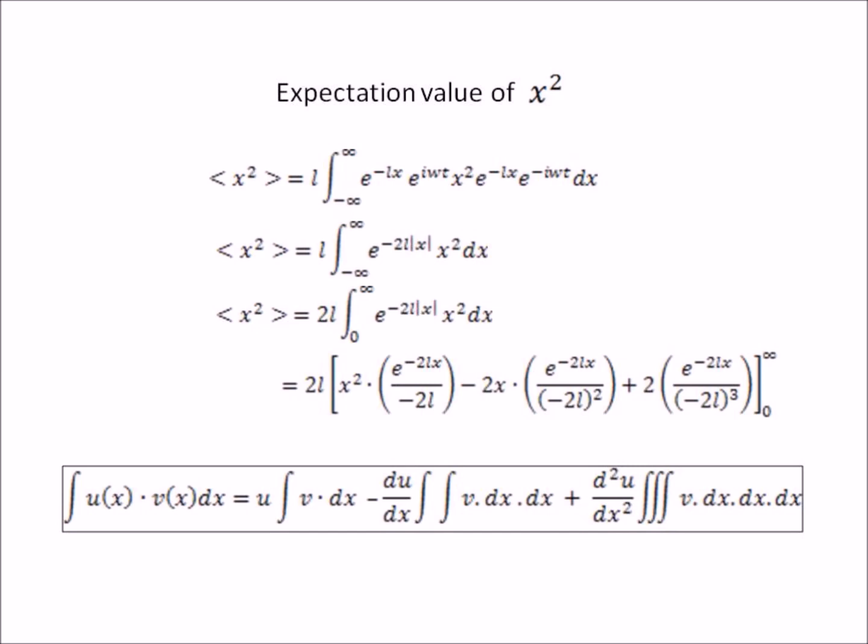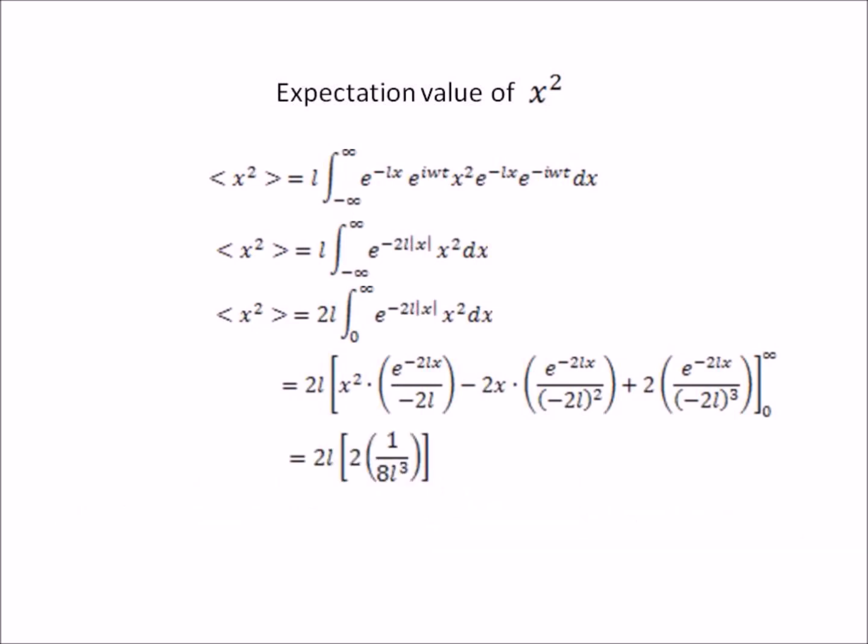So this integration I have solved under the rule: integration of uv dx is equal to u into integration of v, minus u dash, that is derivative of u, into integration of v, plus u double dash, that is double derivative of u, into triple integration of v, and so on.